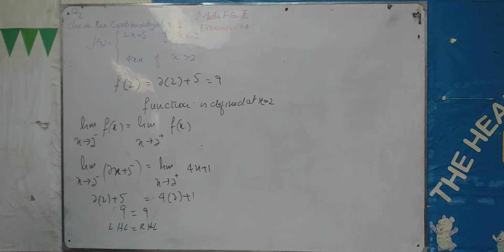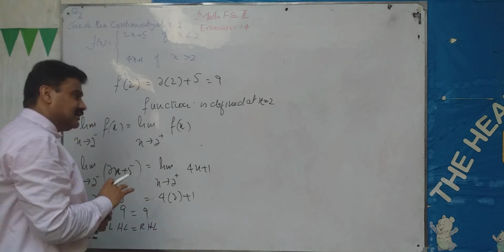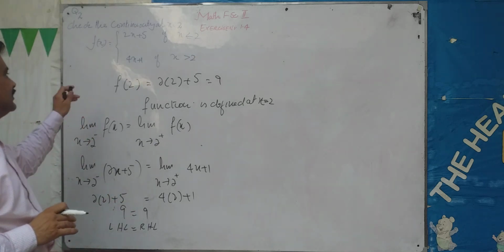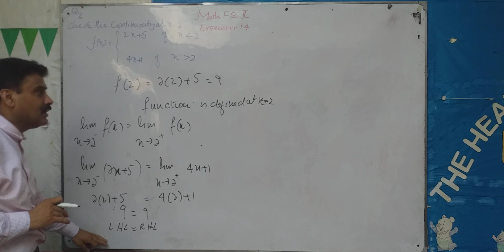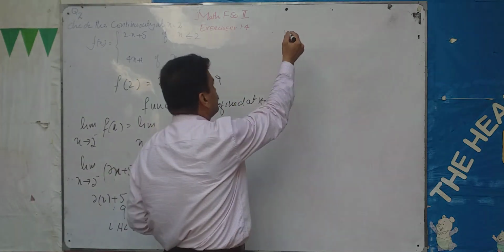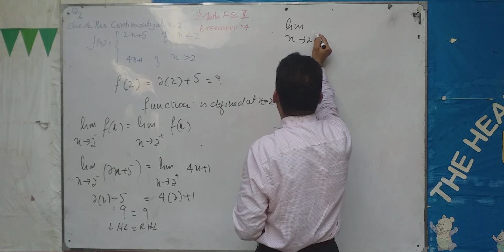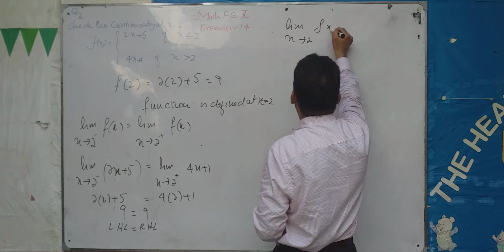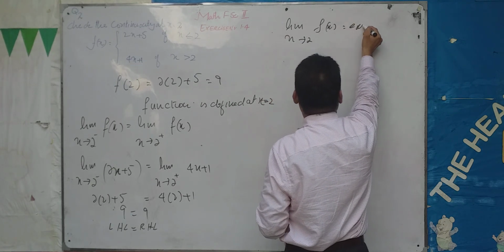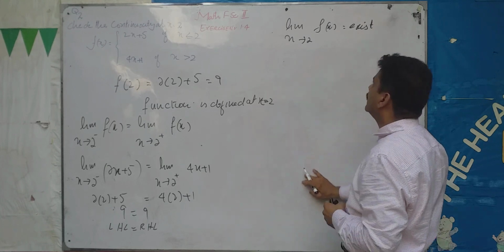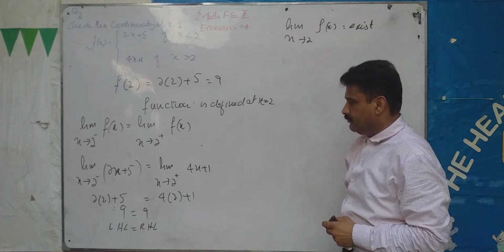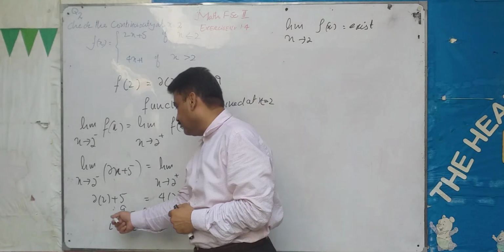When the left hand limit and right hand limit are both equal, it means the limit exists. The limit of the function when x approaches 2 exists, and the limiting value in both cases is 9.